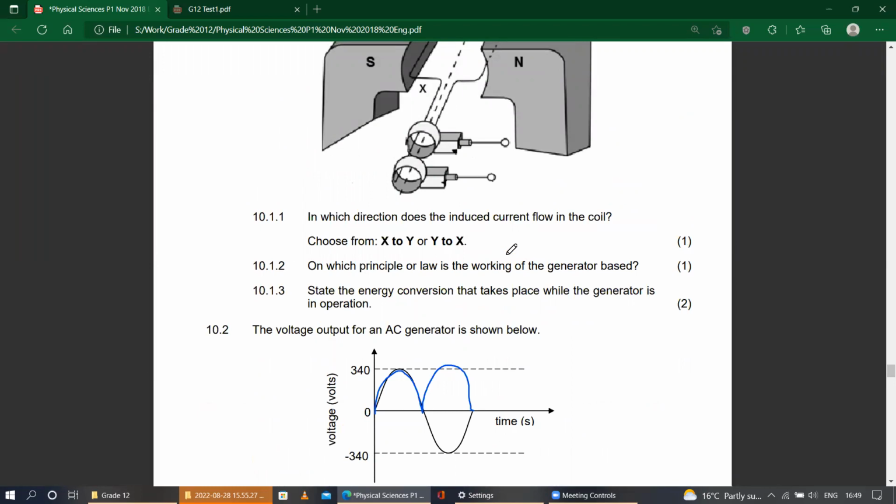Have you guys done all of that? Yes, sir, except for calculating the cost of electricity. Okay. But I think I did it last year though.